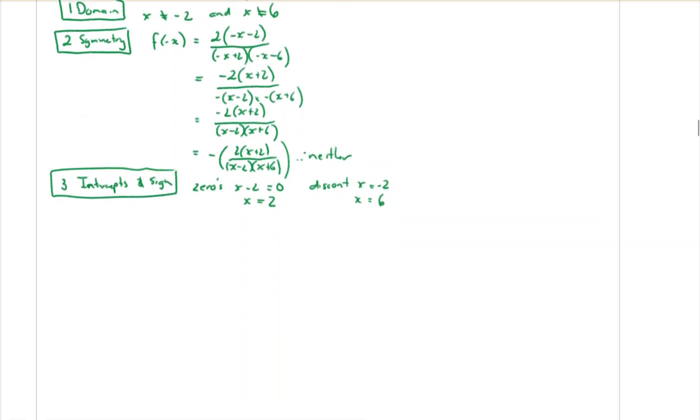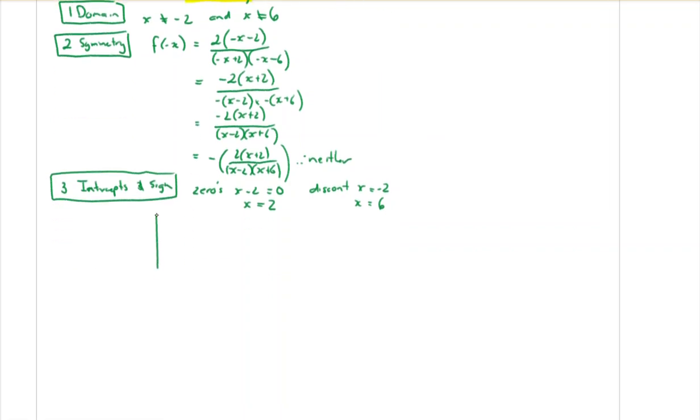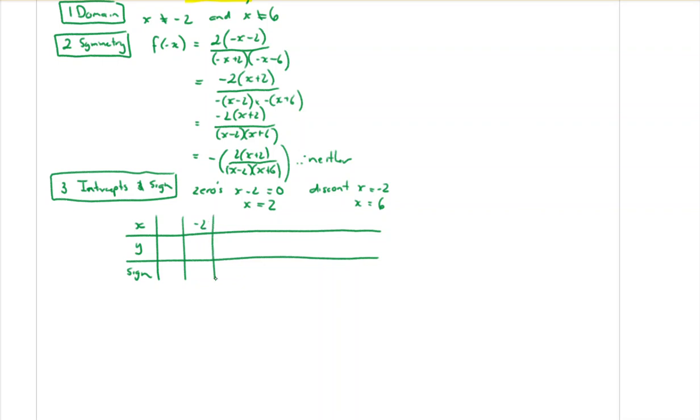Table of signs. So the smallest x value we've found is -2, which was one of my discontinuous points.